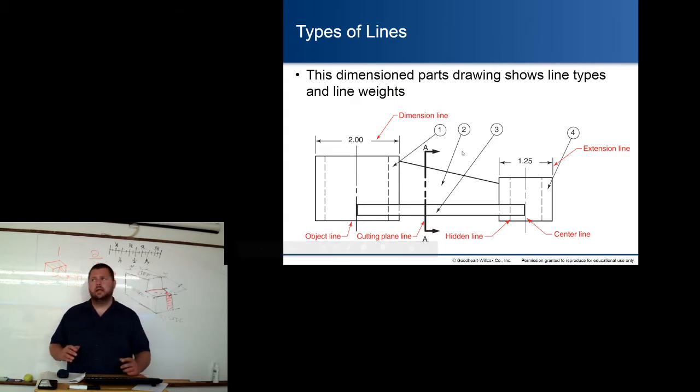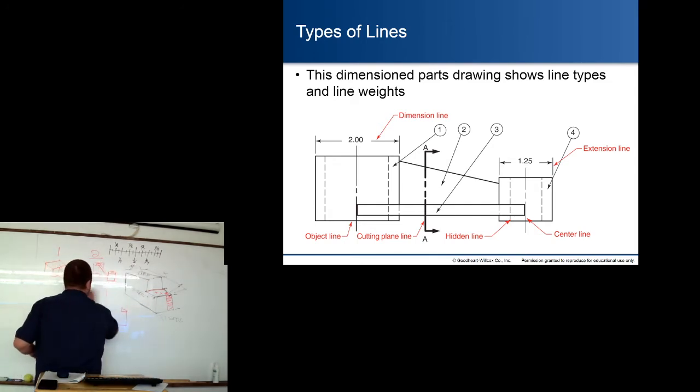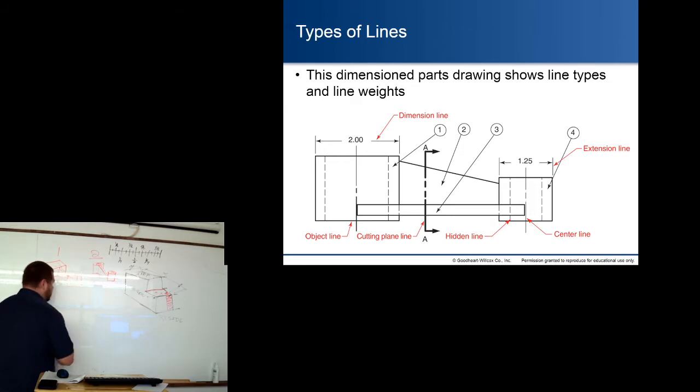This cutting plane. So if I wanted to, we talked about that zoomed in view. If I wanted to create another zoomed in view, but I wanted to do it in the center of this thing, let's get rid of this. I think you can see this area. It's not glaring too much.